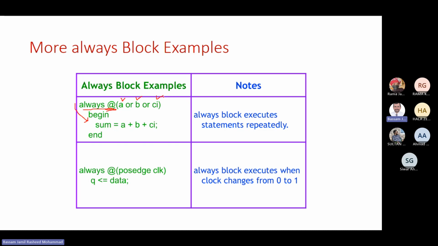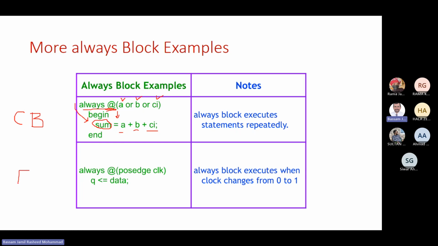If any one of them changes, then enter the always block and execute it. In this case, what we do, we add A to B to CI, and we set it to sum.